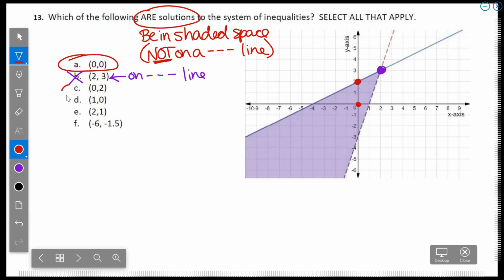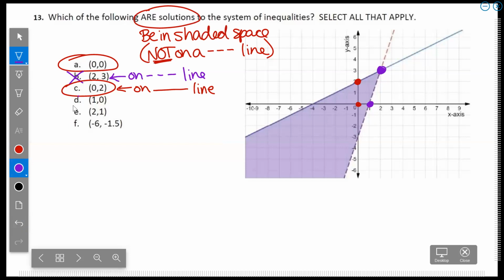Yes, it is on a solid line. One, 0. What do we think? No, why not?